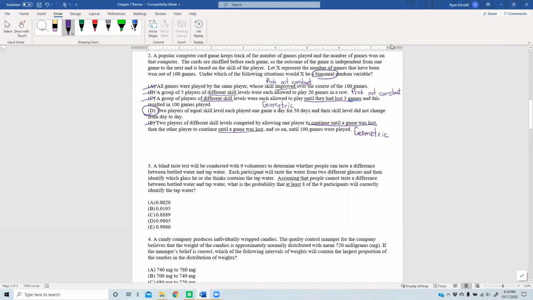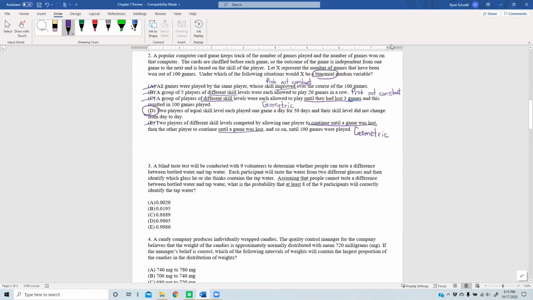Okay, number 3. A blind taste test will be conducted with non-volunteers to determine whether people can taste the difference between bottled water and tap water. Each participant will taste the water from 2 different glasses and then identify which glass he or she thinks contains the tap water. Assuming that people cannot taste the difference between bottled water and tap water, what is the probability that at least 8 of the non-participants will correctly identify the tap water?